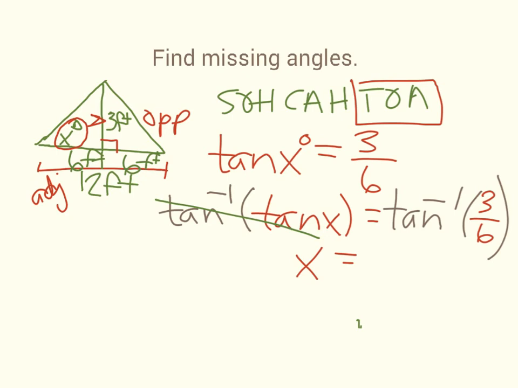So, the answer is going to be 26.6 degrees. Okay, so the other trig functions have opposite functions as well. So if you have to take the opposite of sine, then you're going to take the inverse sine. If you have to take the opposite of cosine, you're going to take the inverse cosine. So their opposites match.